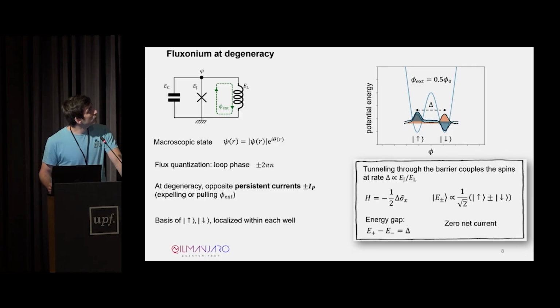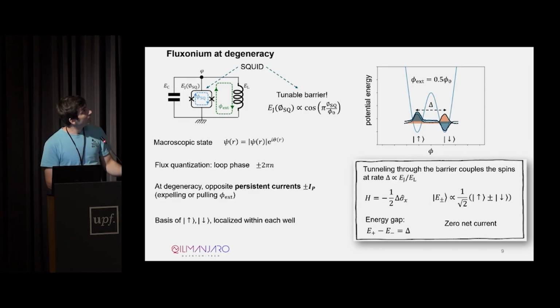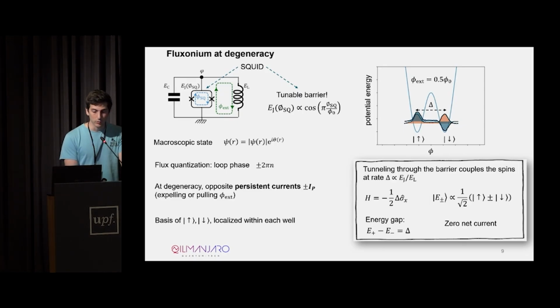One thing I want to point out is that so far we have seen that Fluxonium contains only a single Josephson junction, but if we change the single Josephson junction to a squid loop, the squid loop, roughly speaking, is equivalent to having a single Josephson junction, but with a tunable Josephson energy.